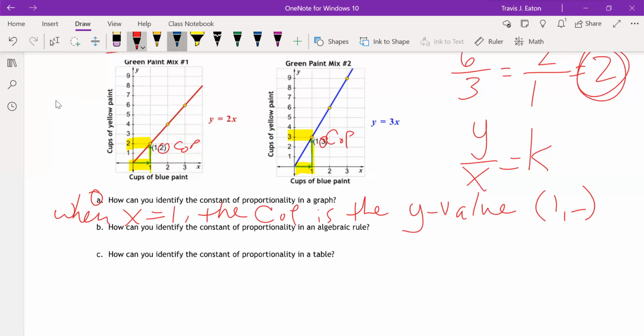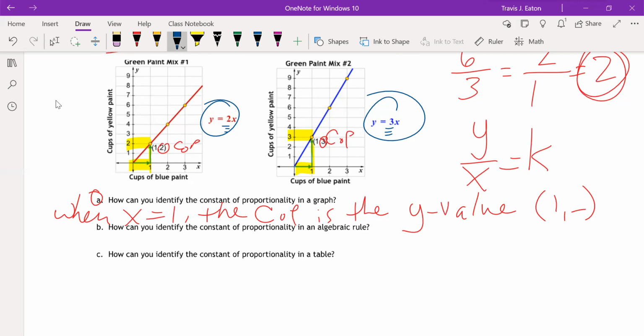All right. Now, moving on a little bit further, how can you identify the constant of proportionality in an algebraic rule? Well, here are our algebraic rules. Can you find the constant of proportionality there? Of course you can. Look, it's right here. It's the number that's being multiplied by x. But there's a fancy mathematical term for it, and it is called the coefficient.